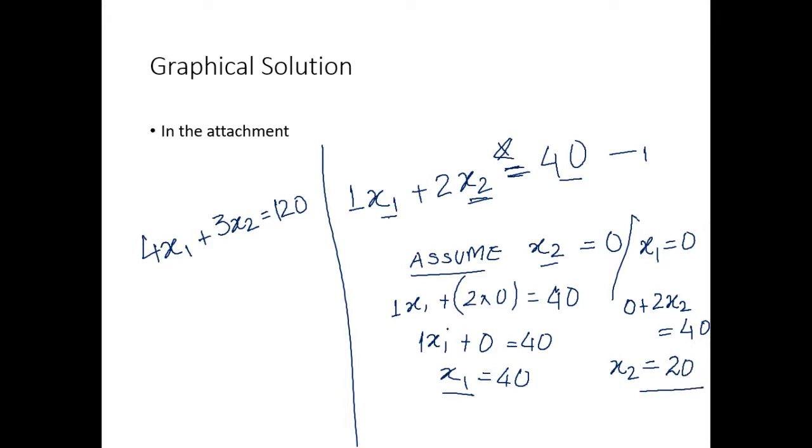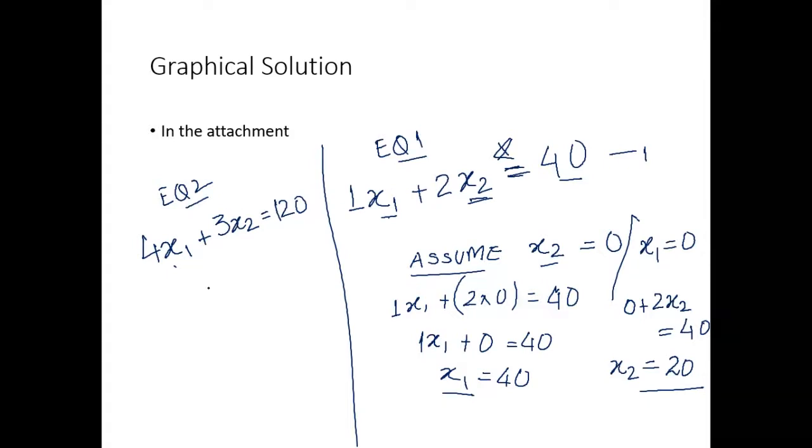So we got two values. We got the value of 20 also. And then let's solve the problem here as well. You do it yourself. Follow the same steps. Now tell me what will be the value of x1 and x2 for equation number 2. This is equation number 2. This is equation number 1. Equation number 1 means constant number 1 and constant number 2.